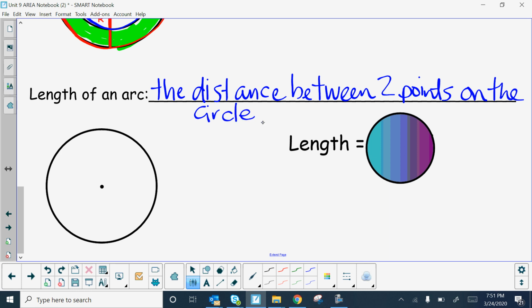So if I put a point right here on the circle, and I'll put a point right here, and I want to find the length of that part right there, this is what you're about to do.